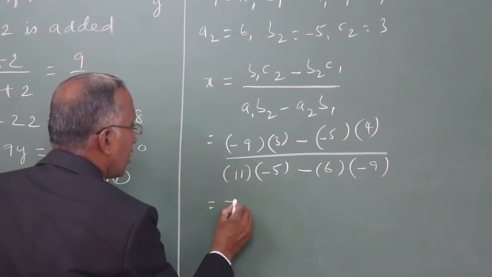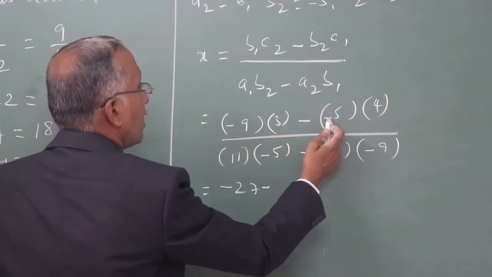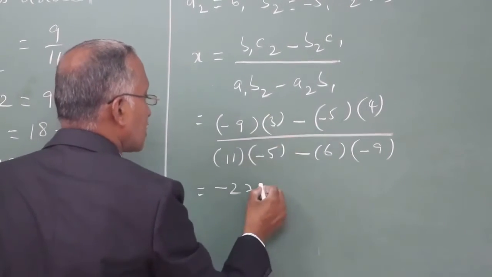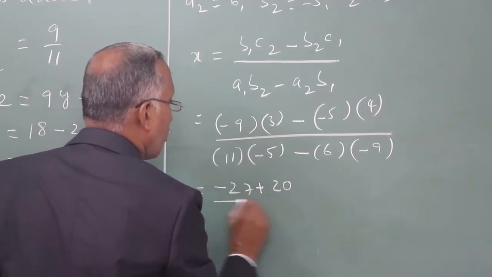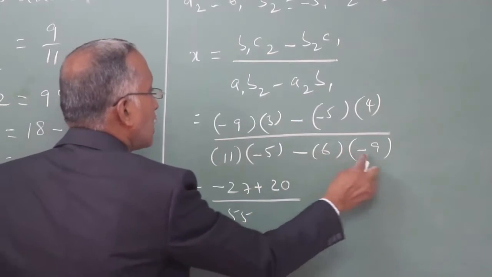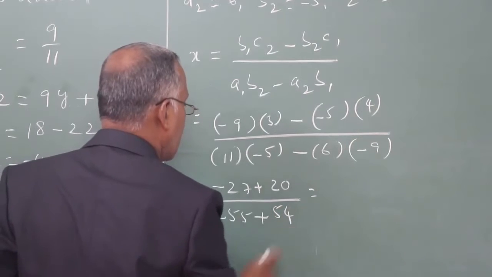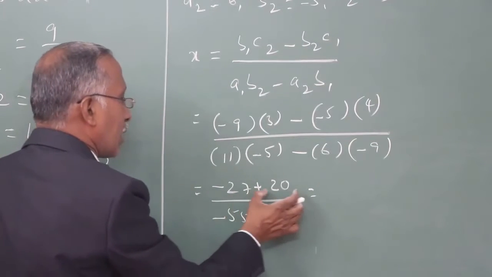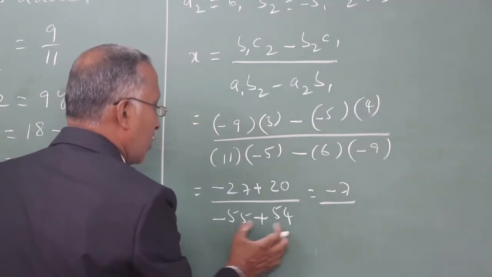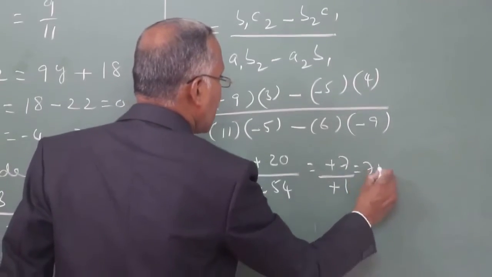Minus 9 into 3 is minus 27. Minus 5 into plus 4 is minus 20, and minus into minus is plus, so this becomes 20. In the denominator, 11 into minus 5 is minus 55, and minus into minus is plus, 6 9s are 54. So minus 27 plus 20 equals minus 7, and minus 55 plus 54 is minus 1. If I cancel minus on both sides, we get 7.